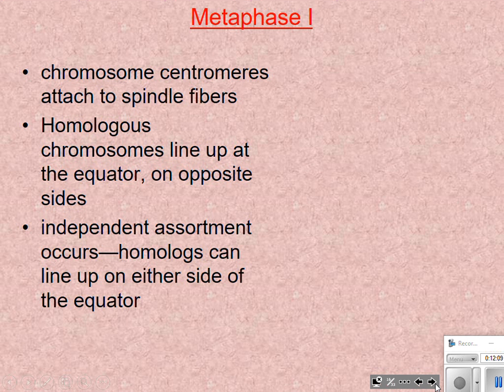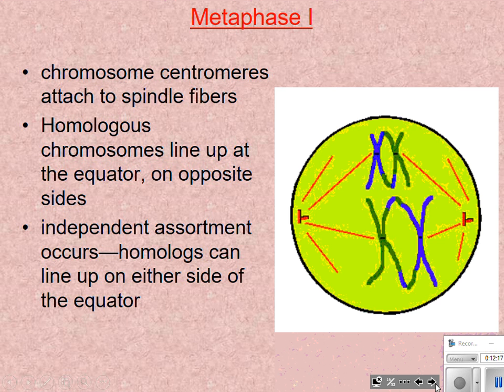The homologs can line up on either side of the equator. Here is our diagram of metaphase 1. So go ahead and draw that, and then we will talk about it a little bit here.